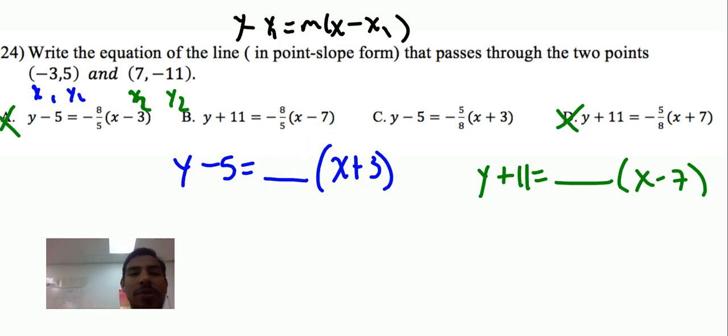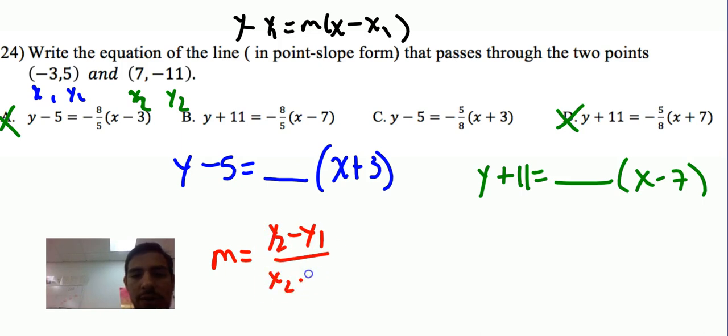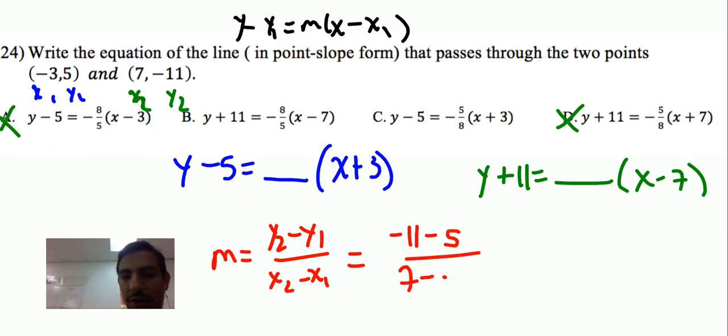That means I need the slope. Slope is y2 minus y1, rise over run, x2 minus x1. y2 is negative 11 minus 5. x2 is 7, and we got minus negative 3, so that's going to be a big old plus 3.